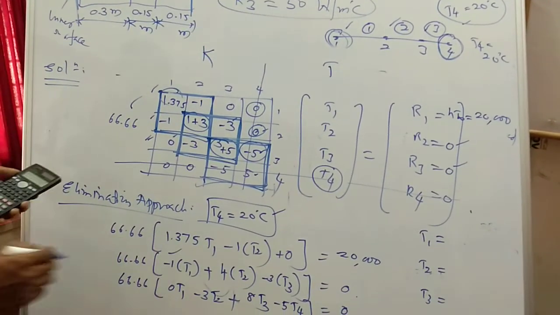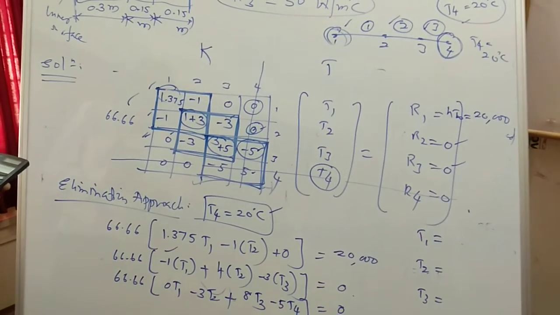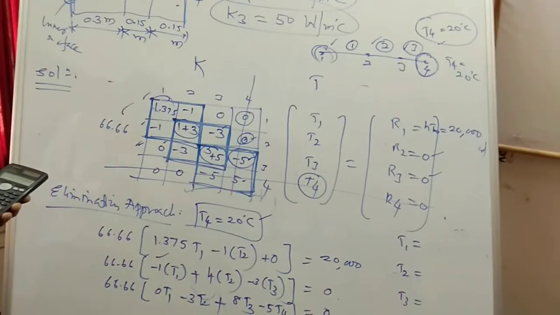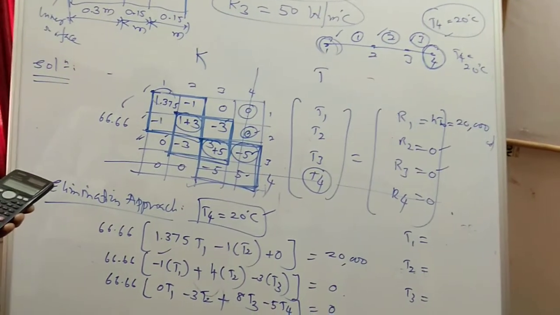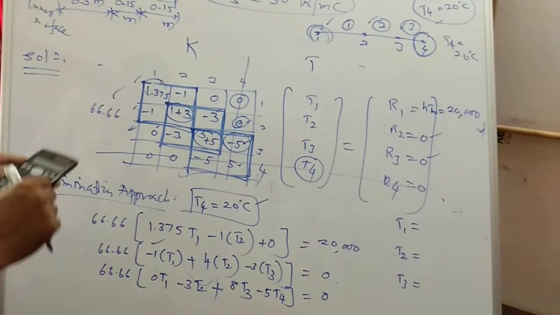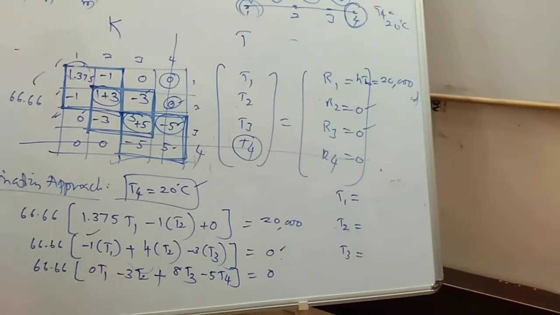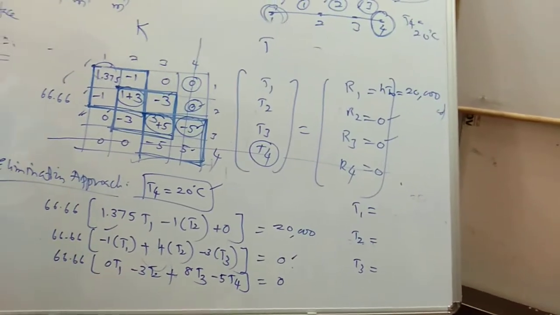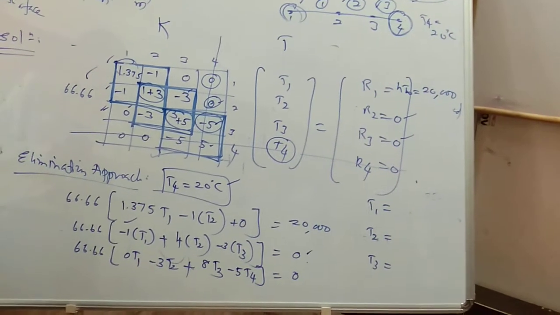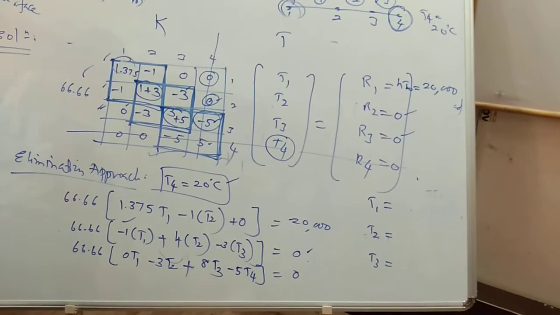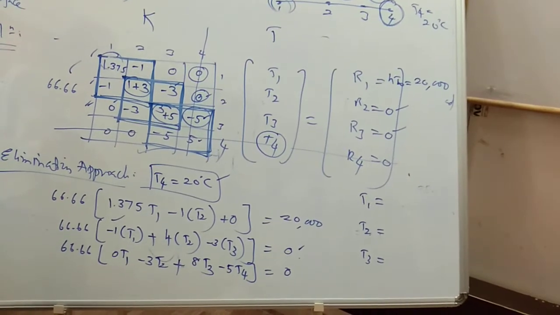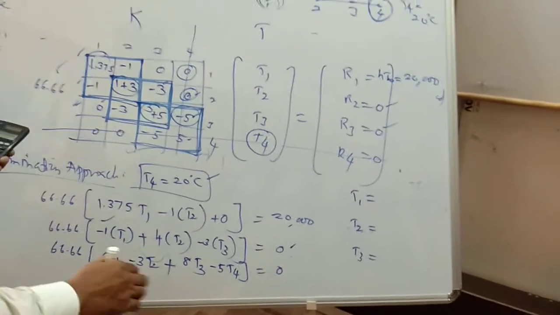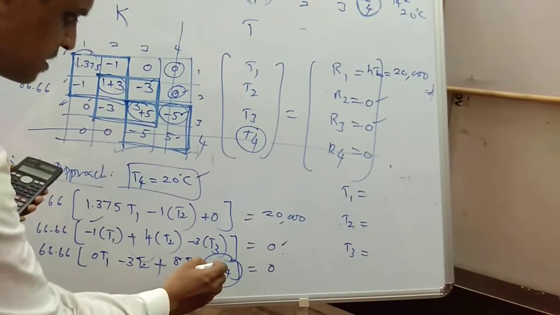Next equation: minus 1, 4, minus 3, and the last one is 0. Next, the third row: 0, minus 3, 8, and the right side constant is minus 5 T4.